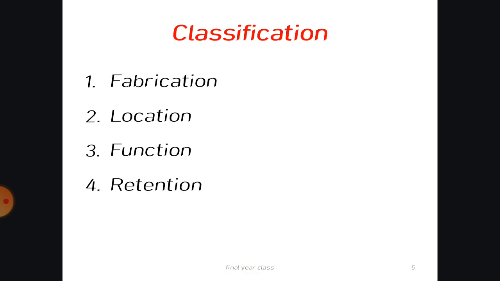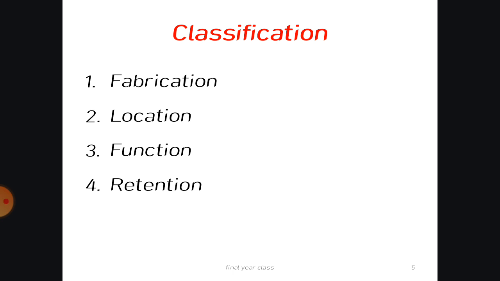So for you, it will be basically the classification which is of quite importance with respect to the attachment retained dentures, or this will be the possible question which you will get: how do you classify the attachment retained dentures? The classification is based on how the attachments are there in the prosthesis.